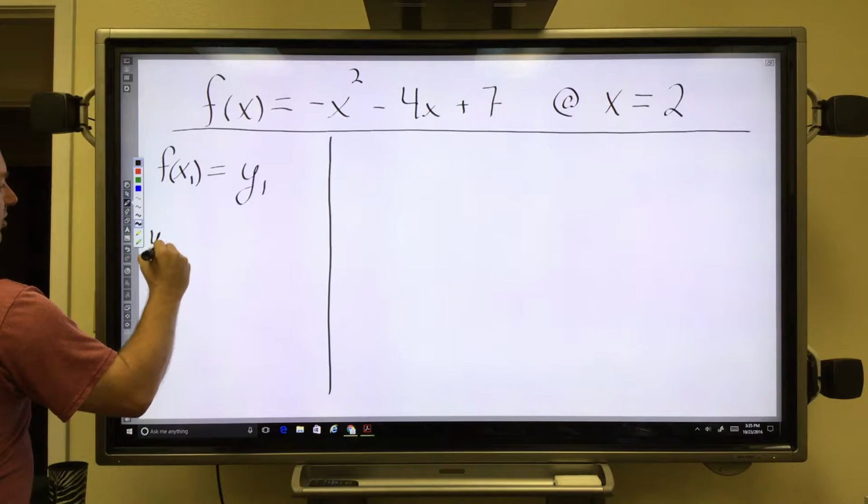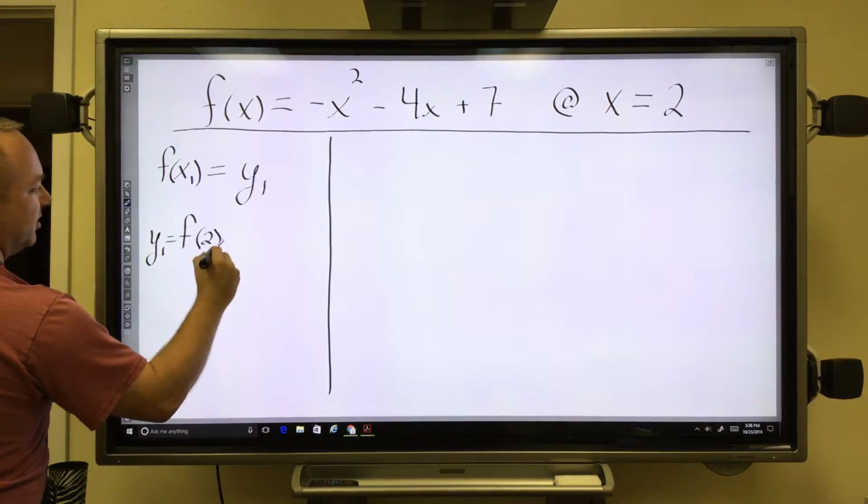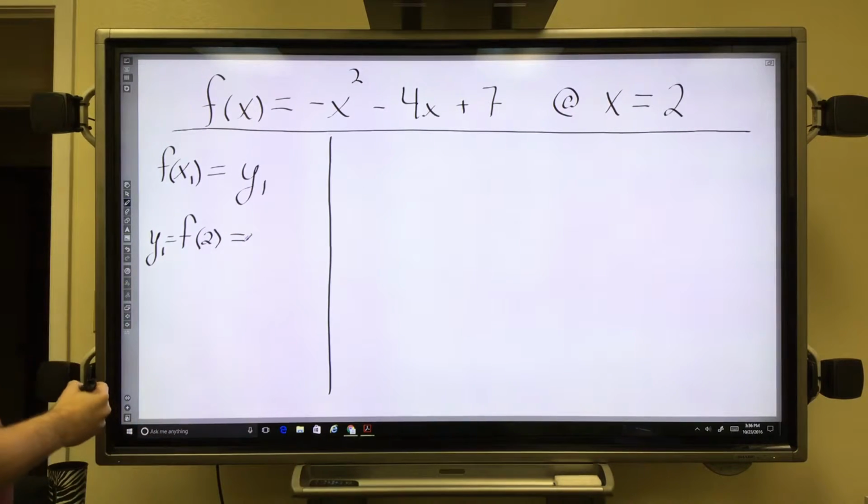So y1 is equal to f of 2, and you plug in a 2 and you'll get an answer.